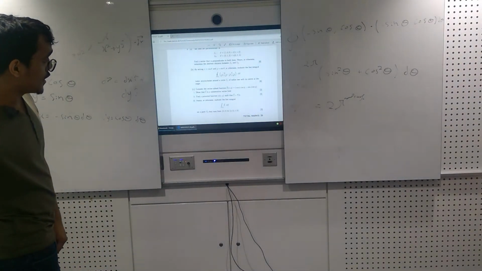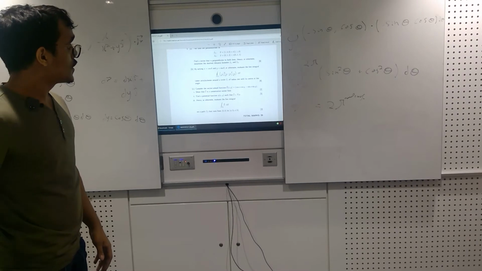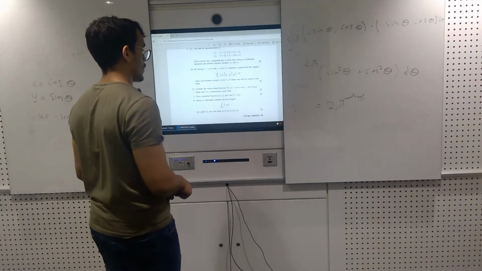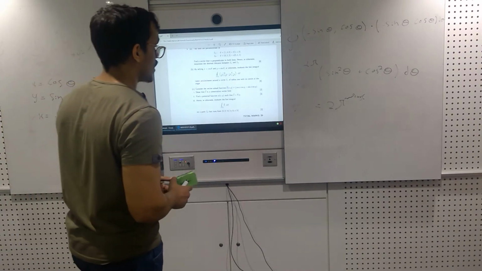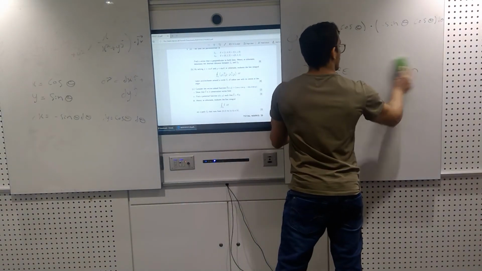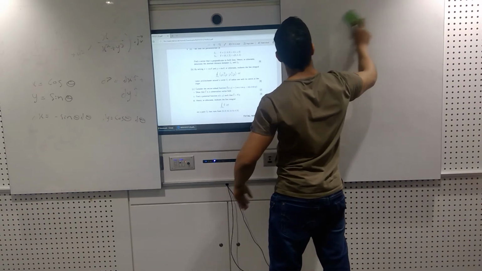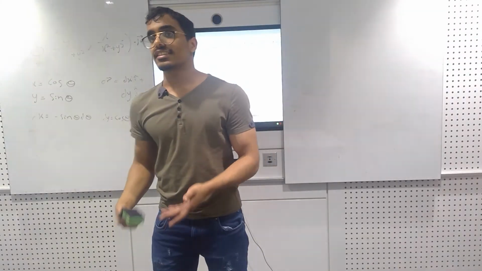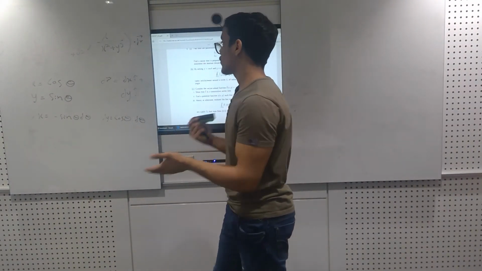The second part, C: consider the vector function f of x, y equals cosine of x, cosine of y, comma, negative sine of x, sine of y. Show that f is a conservative field. The good thing with these questions is that people just go and take the curl.